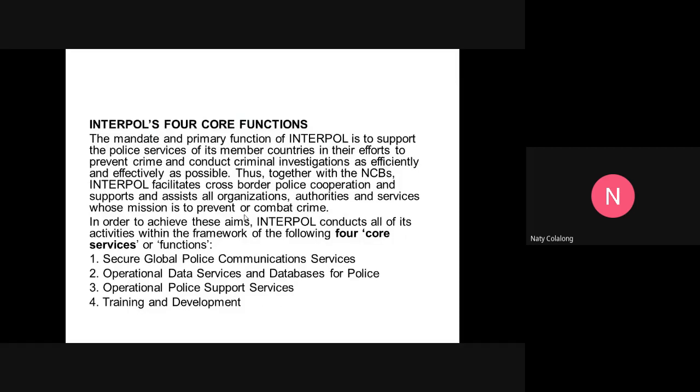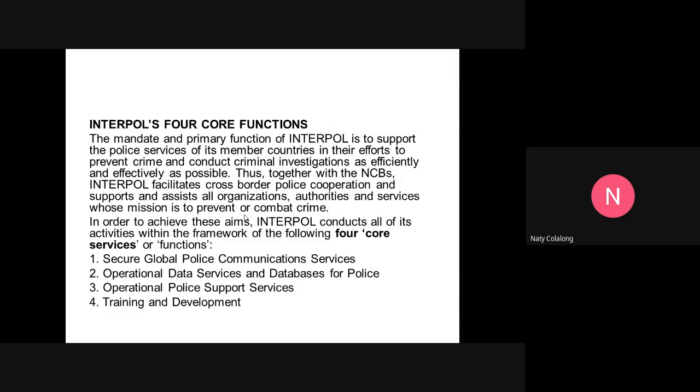We have Interpol's four core functions. The mandate and primary function of Interpol is to support the police services of its member countries in their efforts to prevent crime and conduct criminal investigations as efficiently and effectively as possible.